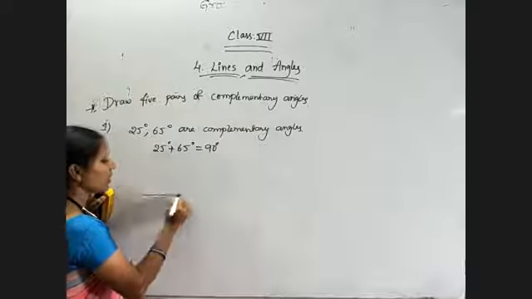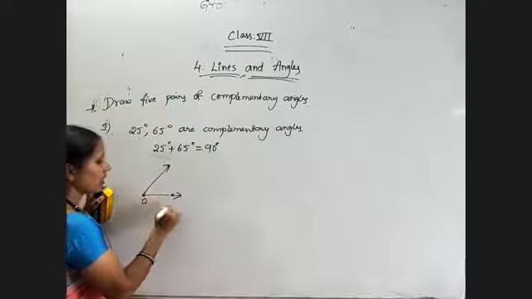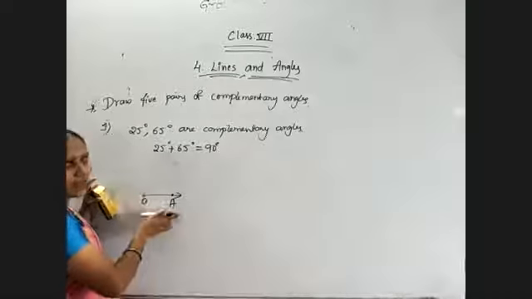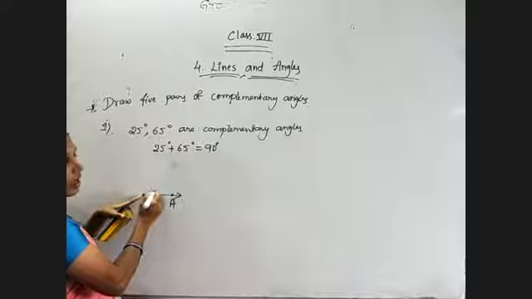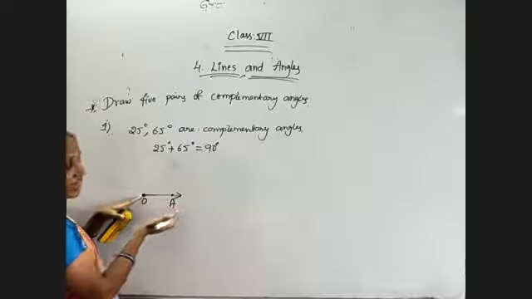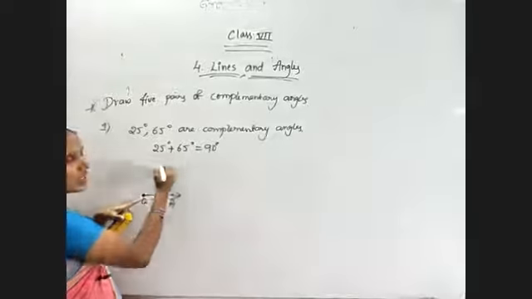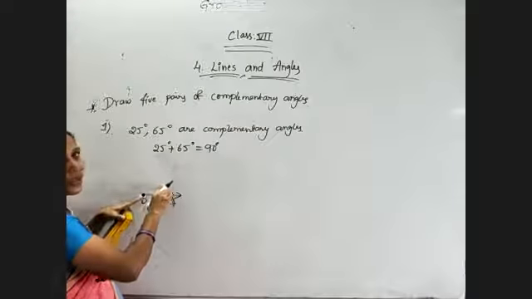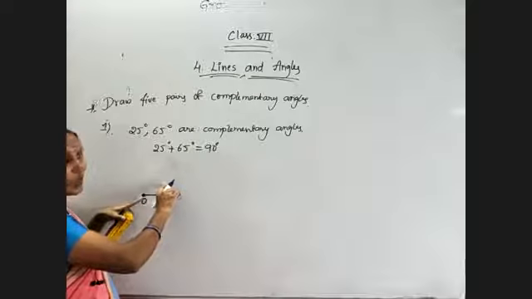So now I am constructing angle AOB. For this, first of all, I have constructed the ray OA. At O, I need to place the protractor, and because my arm is lying on the right side, I need to take the down values. So wherever the 10 degrees, 20 degrees lines are, and 30, between 20 and 30, one of the small thicker lines we will get, that is 25.